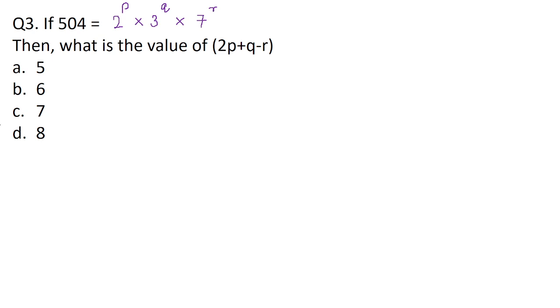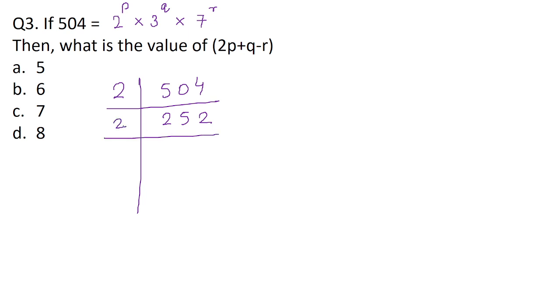So how to solve this question? Just go for the prime factorization method. By the prime factorization method of 504, I'll get 2 2s are 4, 2 5s are 10, and 2 2s are 4. Okay, simply do it with me. 2 1s are 2, 2 2s are 4, 2 6s are 12.